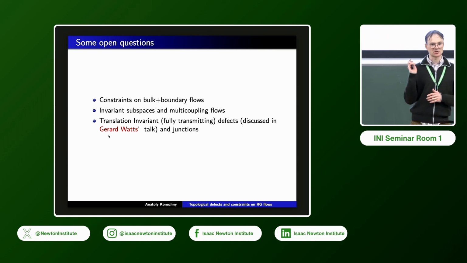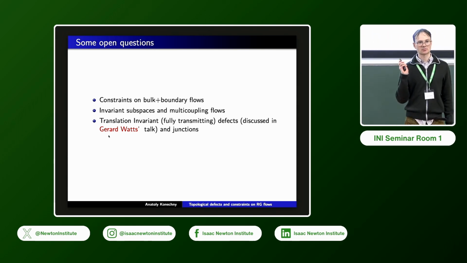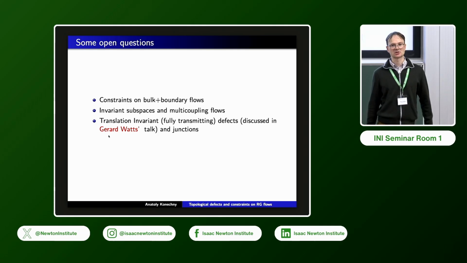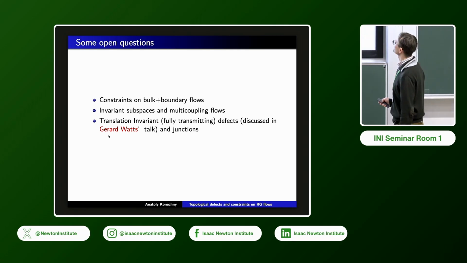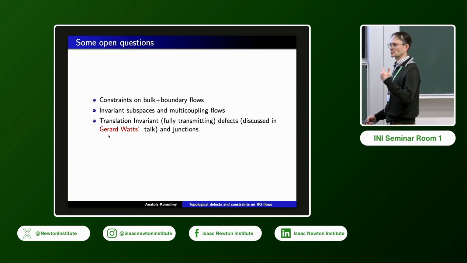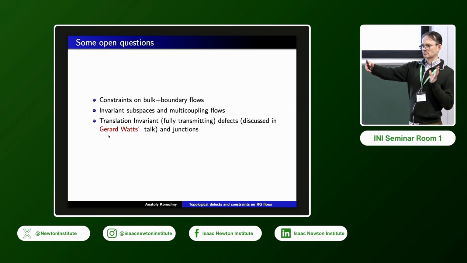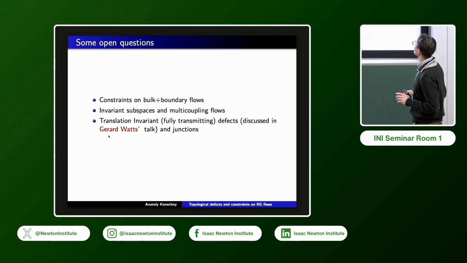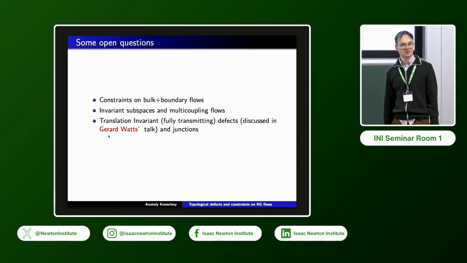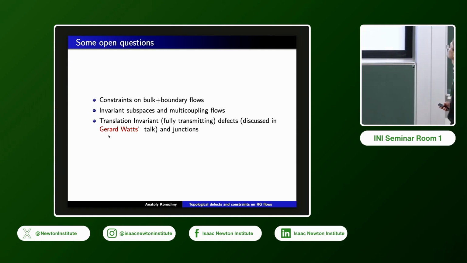But it's easy to arrange in the case of boundary conditions when you start with some boundary condition changing operators. It's easy to have operators organized in linear subspaces. Then one can look for invariant subspaces and derive some constraints on these multi-coupling flows.